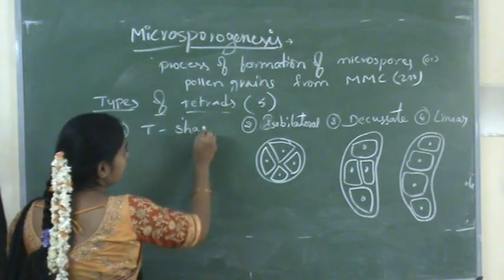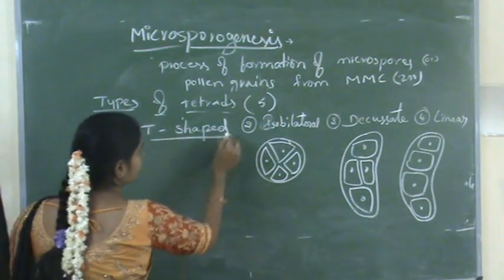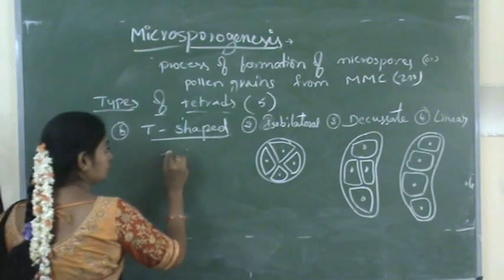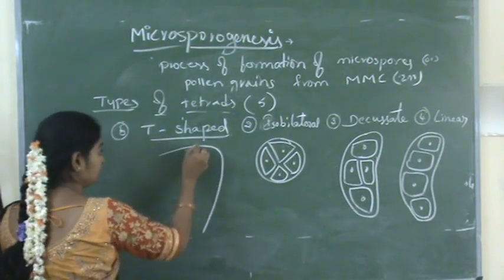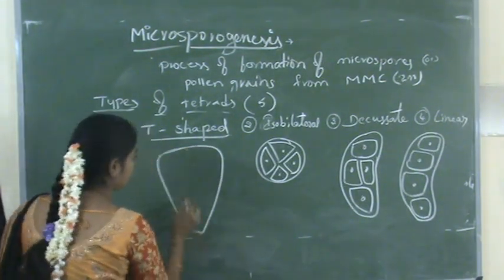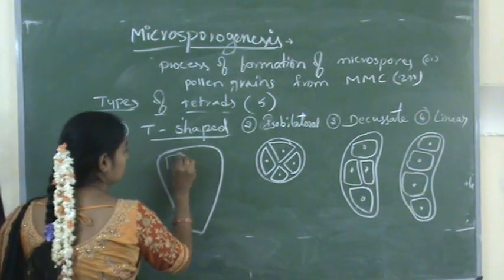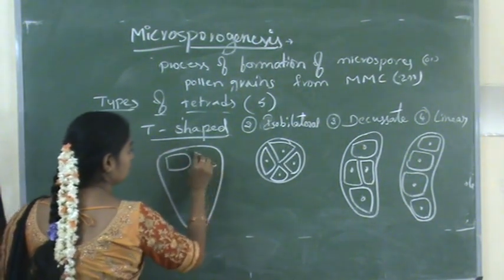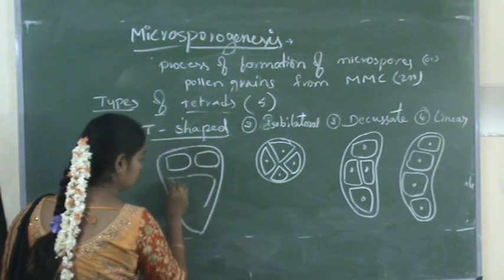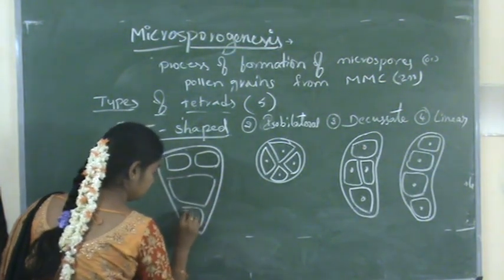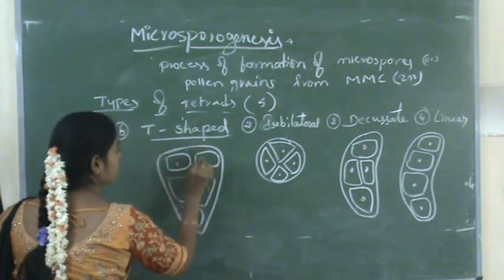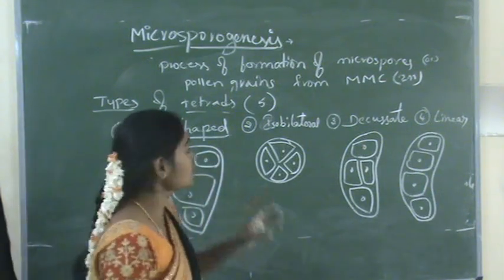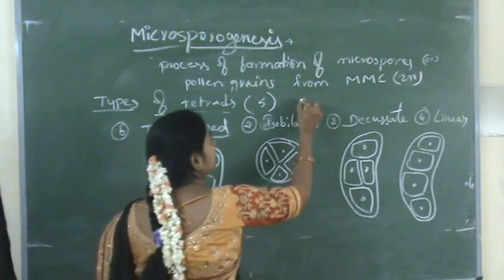T-shaped tetrads. So there are totally 5 types of tetrads.